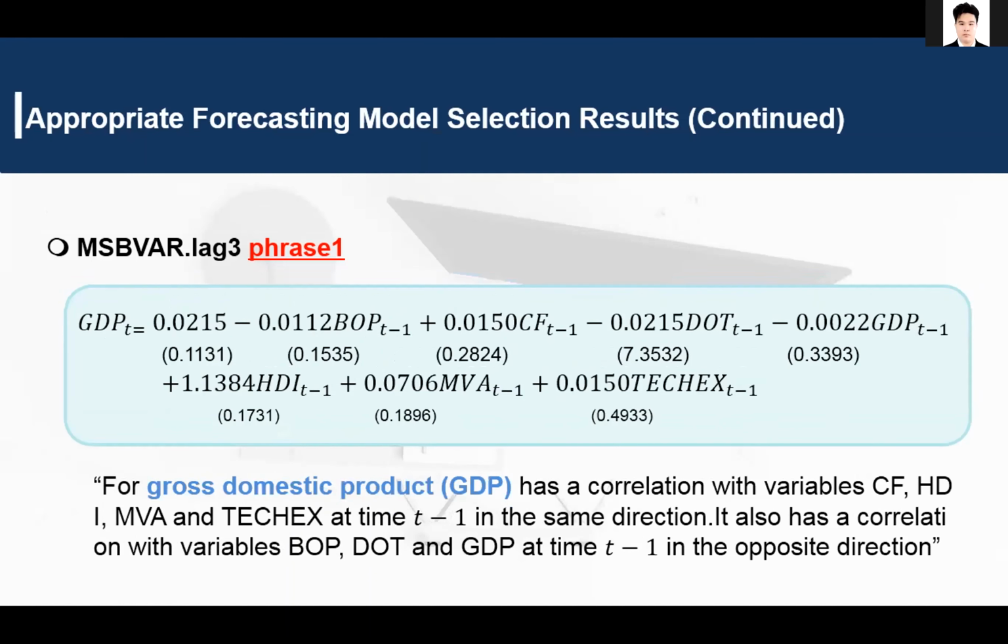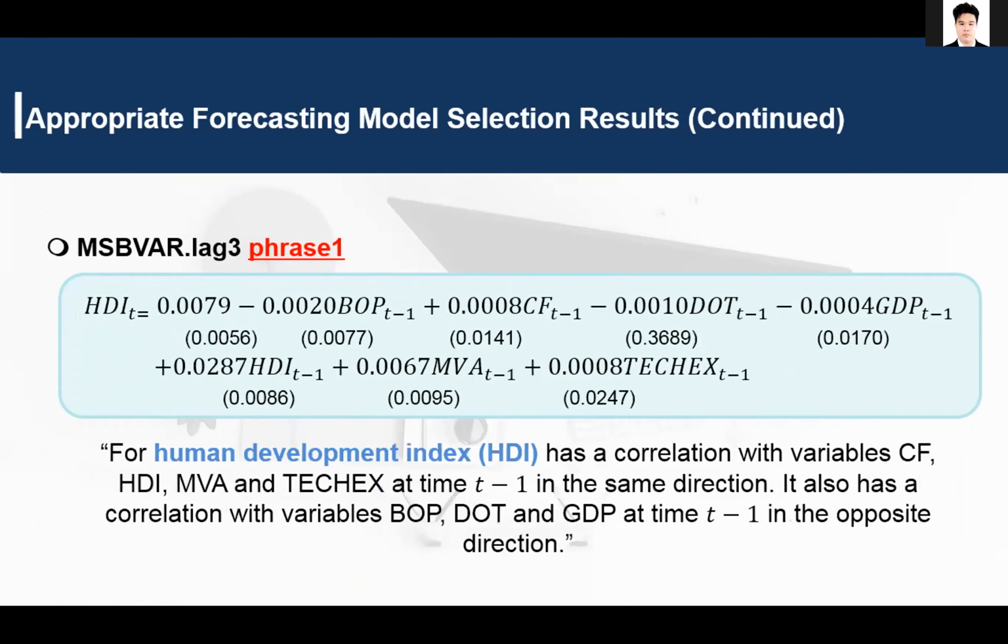GDP has a positive relationship with manufacturing value add and technology export. Human development index also has a positive effect on itself, manufacturing value add, and technology export too.